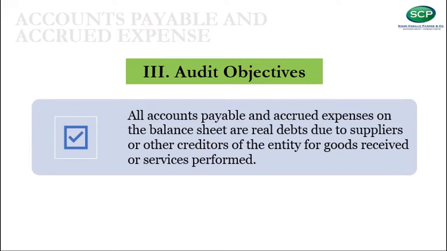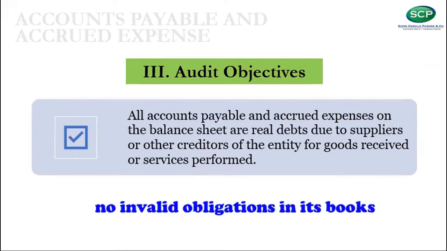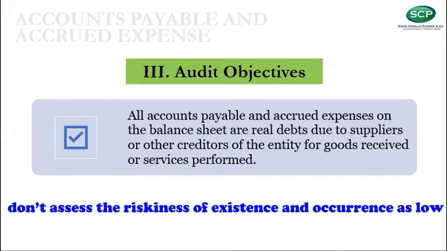However, this does not mean that a company will have no invalid obligations in its books. Accordingly, as a sign of prudence, we as auditors should not immediately assess as low the risk of existence and occurrence on accounts payable and accrued expenses.